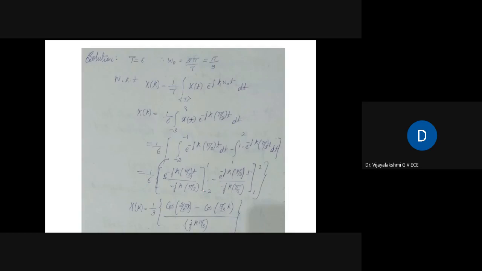Now for this I should identify the fundamental period of this signal and the fundamental frequency. When you observe this signal, what is the repetition period, that is, the fundamental period? The pattern is 1, 2 zeros, minus 1 and 2 zeros.